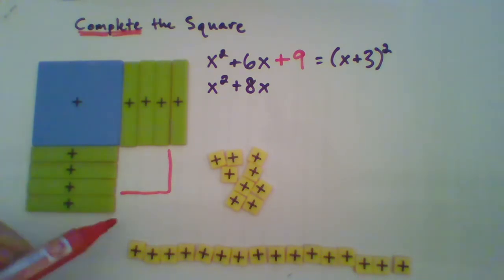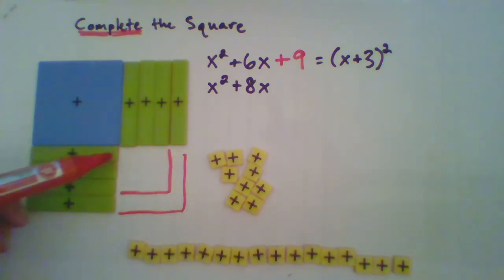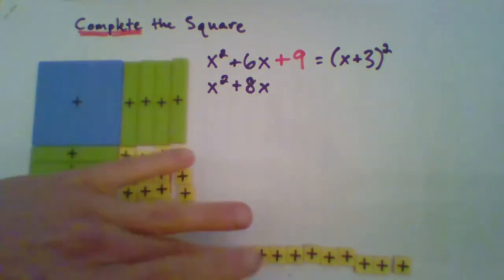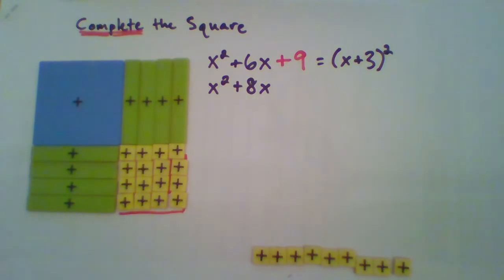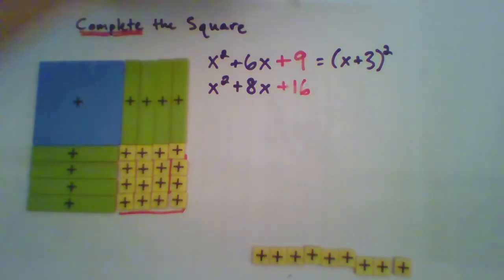Well, I need a larger square down here, don't I? I need all of that to be filled in. And how many yellow squares is that going to take? Well, let's see, 1, 2, 3, 4 times 1, 2, 3, 4. And boom, look at that. We have another completed square. This one is larger. So to complete this square, we need to add 16 of the yellow small squares to it. So I'm going to write plus 16 there.